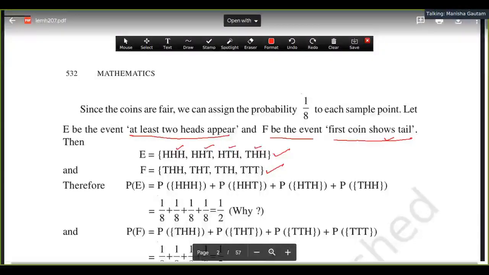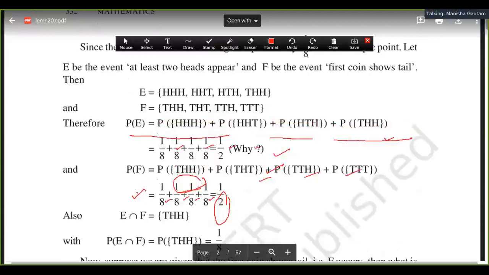Now the probability of event E. First, HHH, 1 is a favorable case and total sample space elements are 8. So 1 upon 8 for each. All have the same probability, which means all are equally likely, and the total probability is 1 by 2 for event E. Same for F, the probability is 1 by 2.